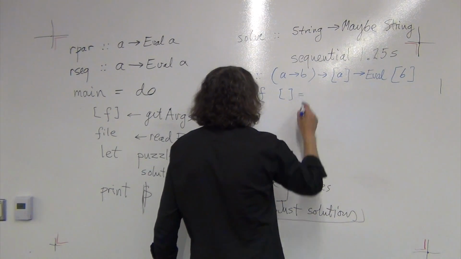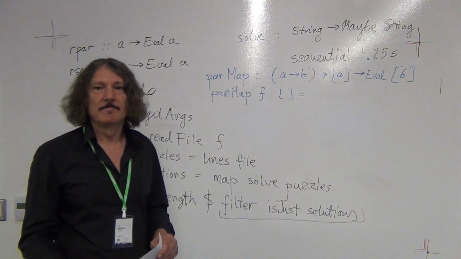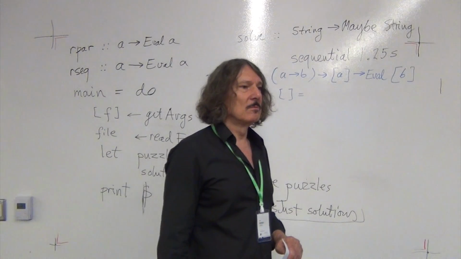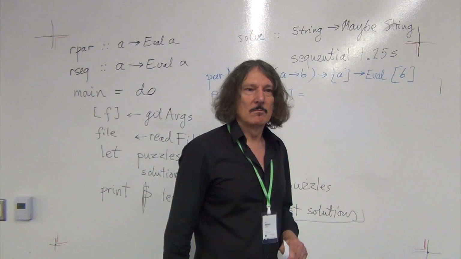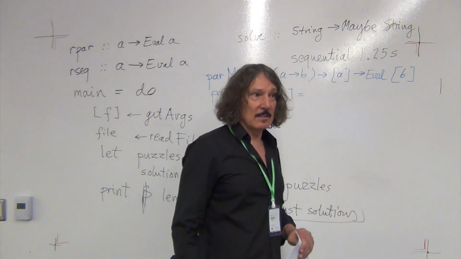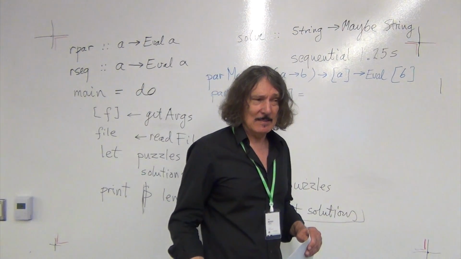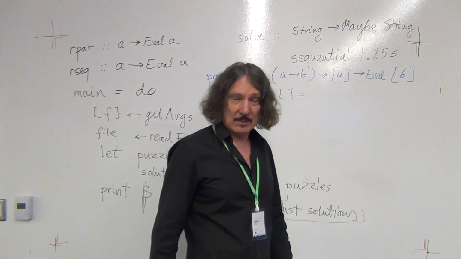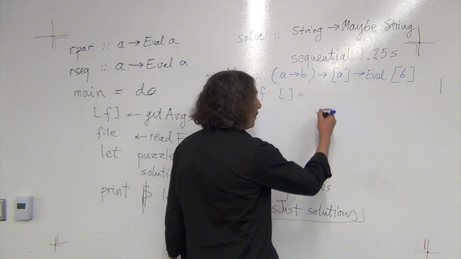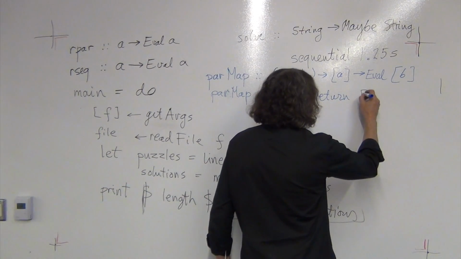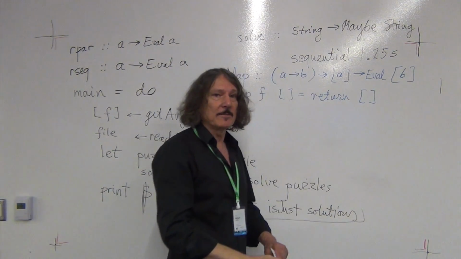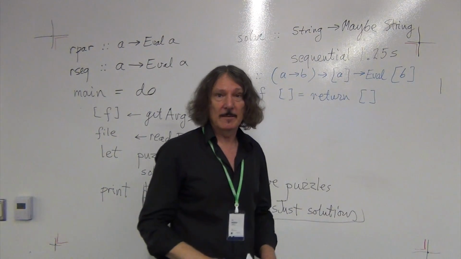What should it do to an empty list? Yeah, it normally will return an empty list, right? But we need something of the type Par. So we'll just say return. Return empty list. And we'll just lift this empty list to the Eval monad.